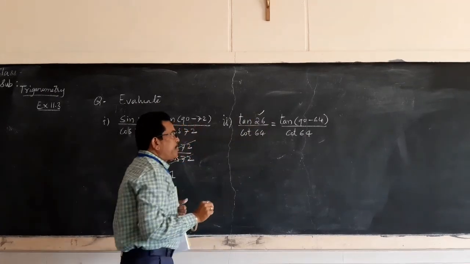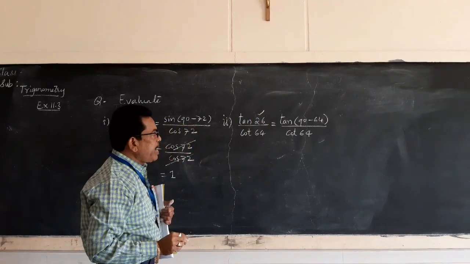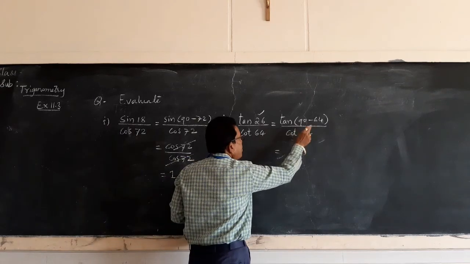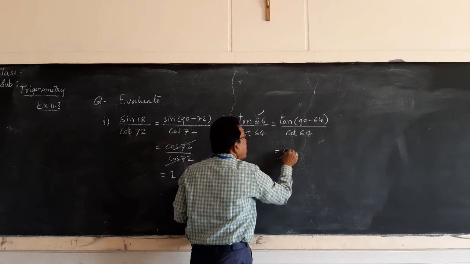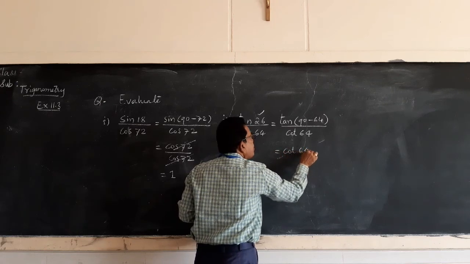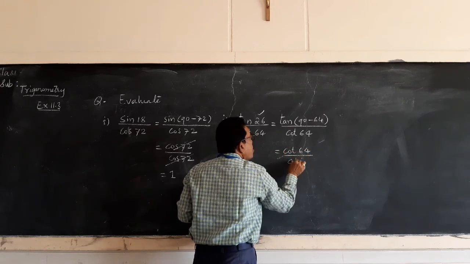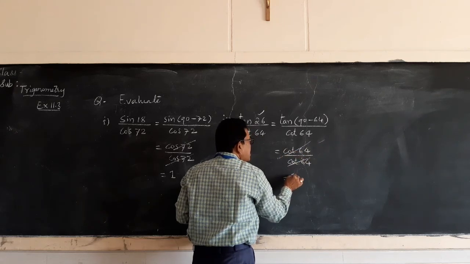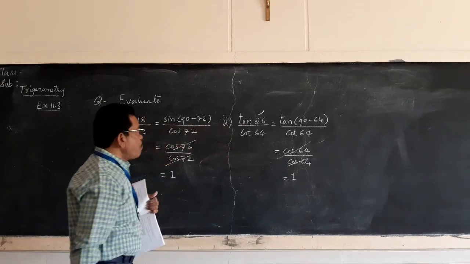So tan of 90 minus 64 divided by cot of 64. So tan of 90 minus theta is cot theta, that is cot 64 divided by cot 64. Cot 64 gets cancelled, that is equals to 1.